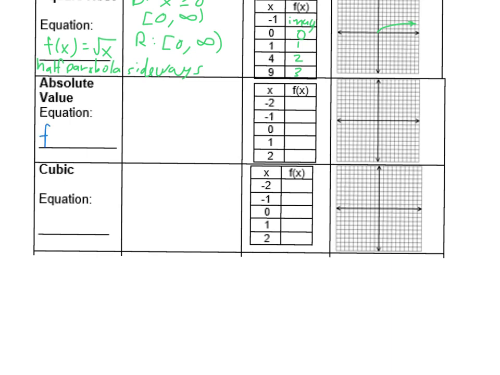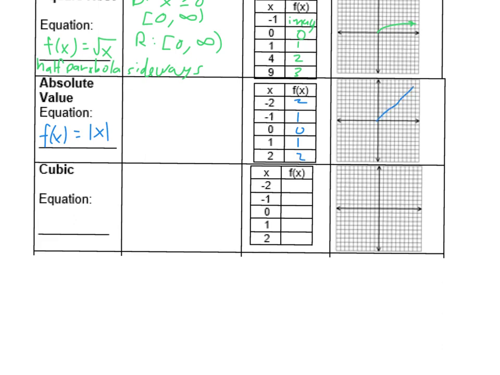All right, next up we have our absolute value function. Now, is this a fun function to graph? I'd say absolutely. So our parent function is just the absolute value of x. And so we know an absolute value does not change numbers but makes negative numbers positive. So it's going to look like that.